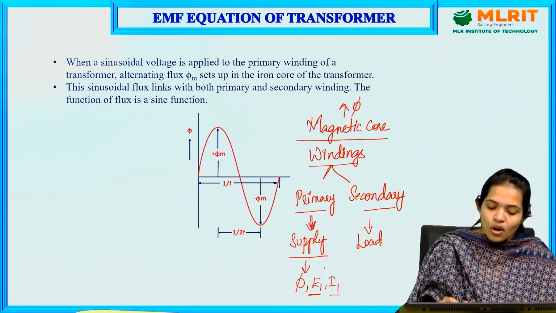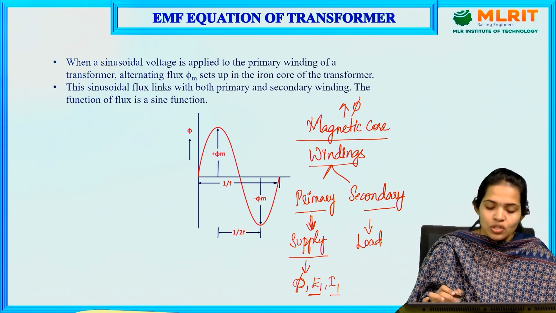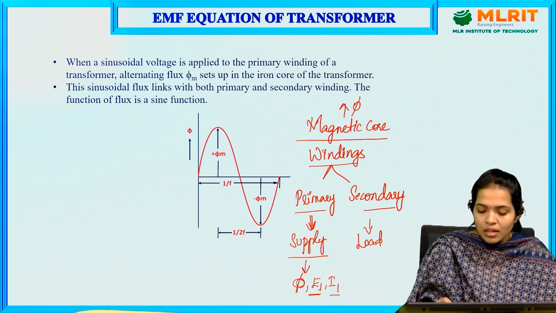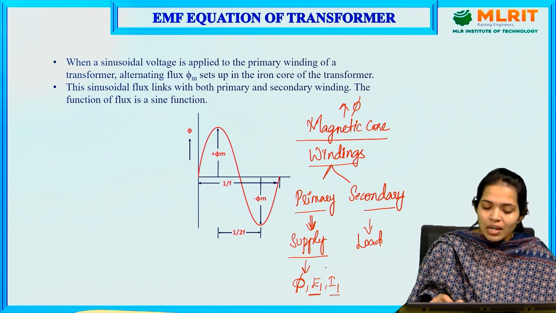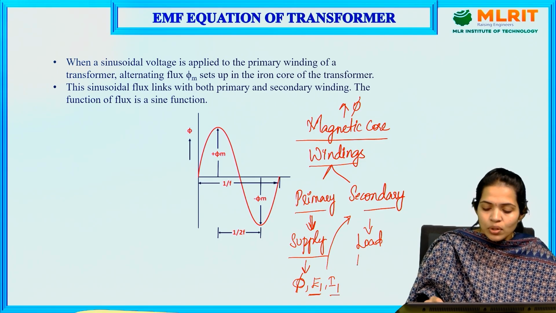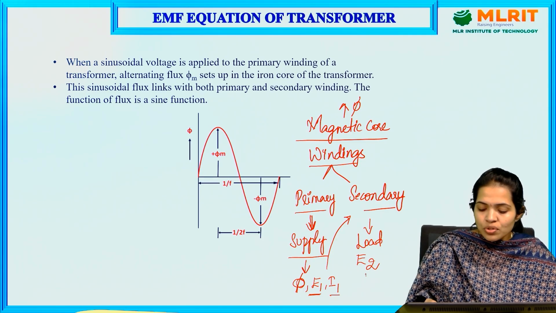This alternating flux, which is responsible for the production of EMF E1 in the primary circuit, will link to the secondary winding of the transformer, where it produces the induced EMF E2 through mutual induction between the two coils, that is, the primary winding and the secondary winding.